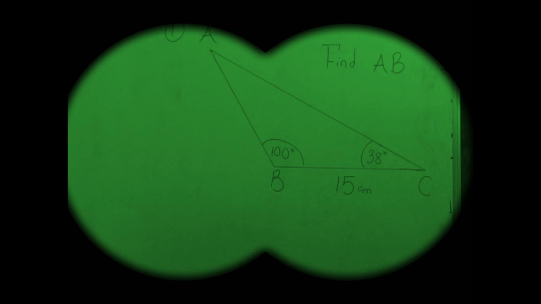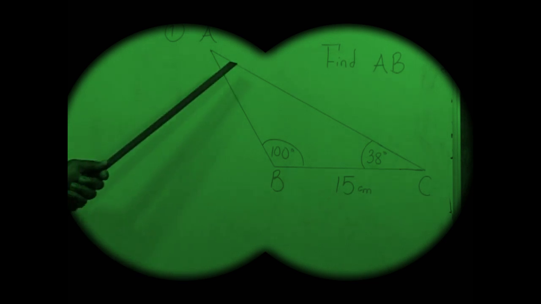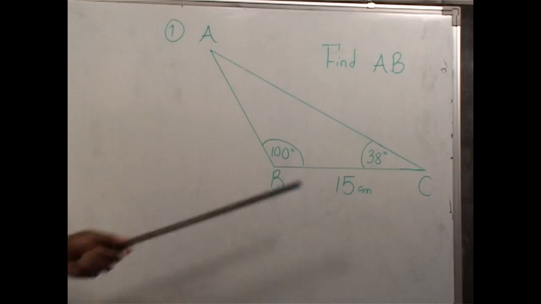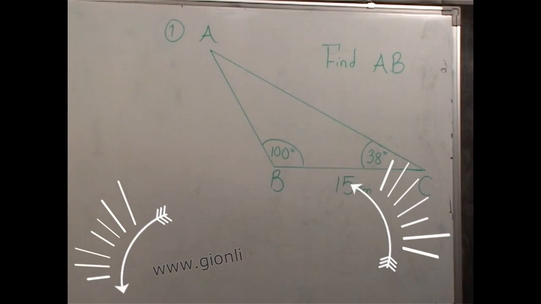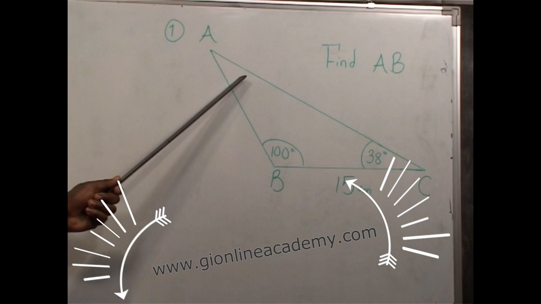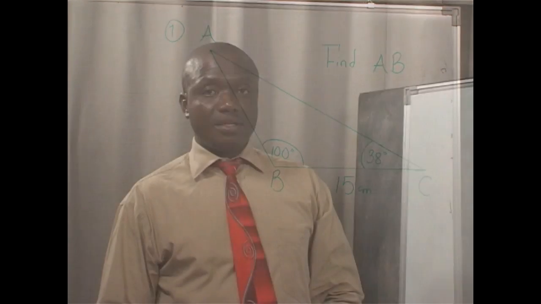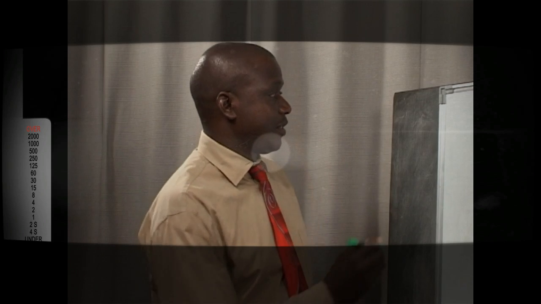Meaning, the first thing we need to do is to find the size of this angle. Remember, in a triangle, the three angles must add up to 180 degrees. I hope you managed to find the size of this angle as 42 degrees, so that your calculation should have come out as follows.